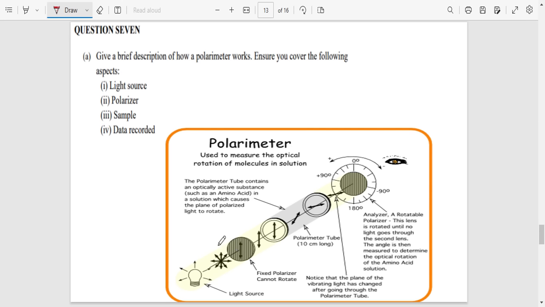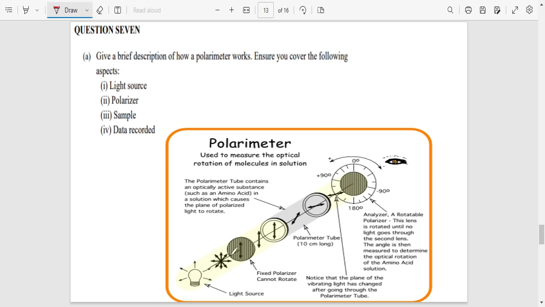Now, what is going to be happening is polarimeters are going to be measuring monochromatic light, meaning light of only one color and one wavelength. So it's going to pass through two phases.